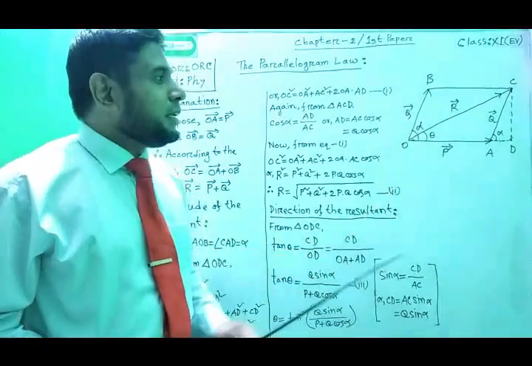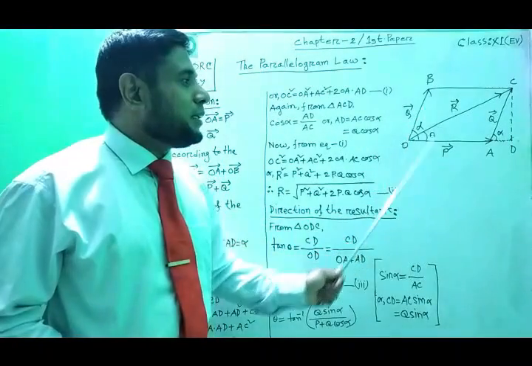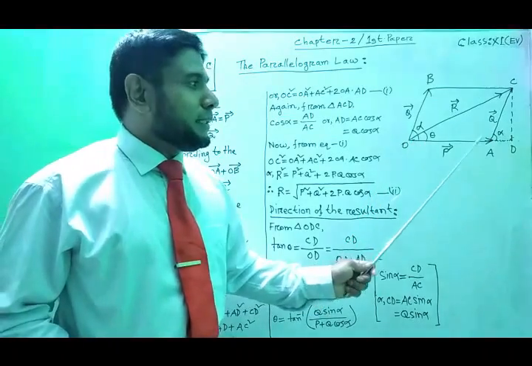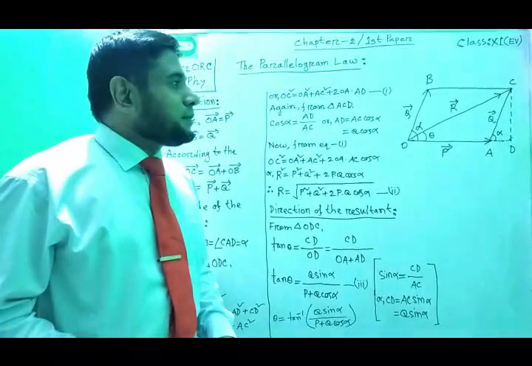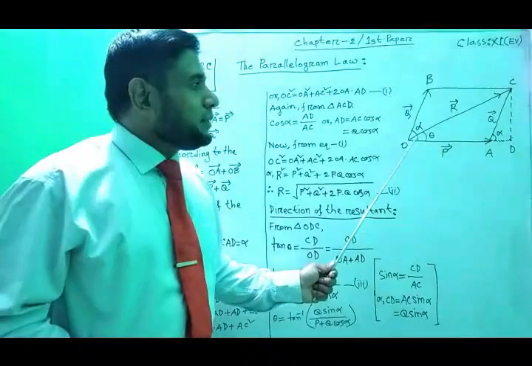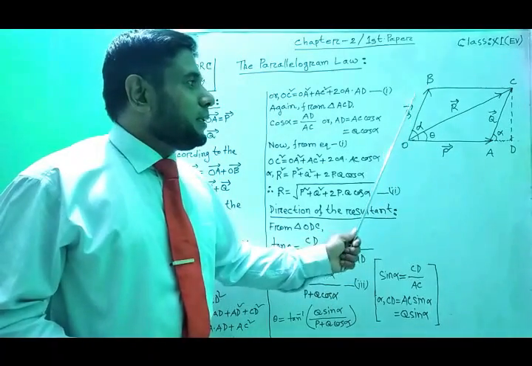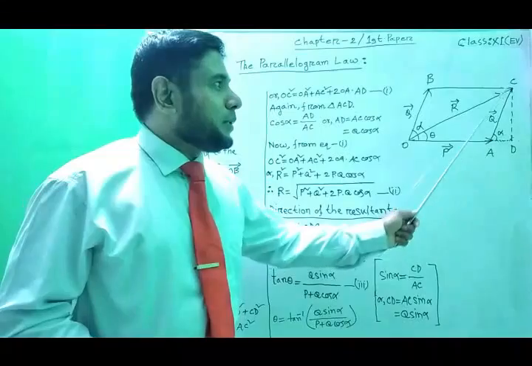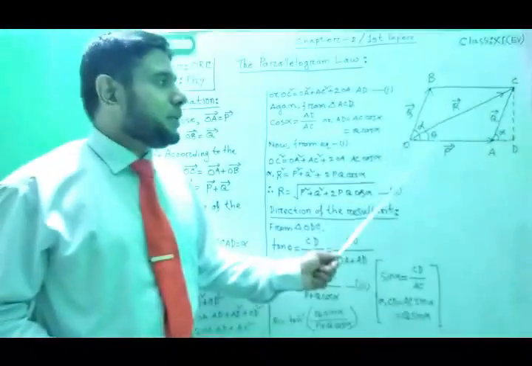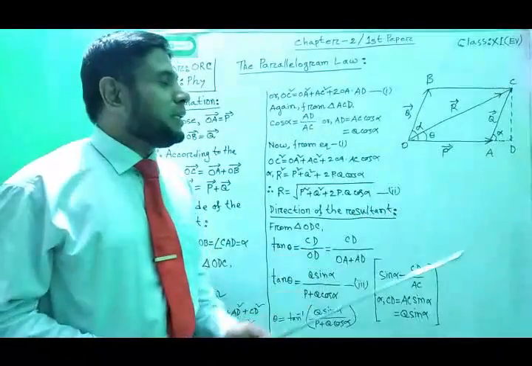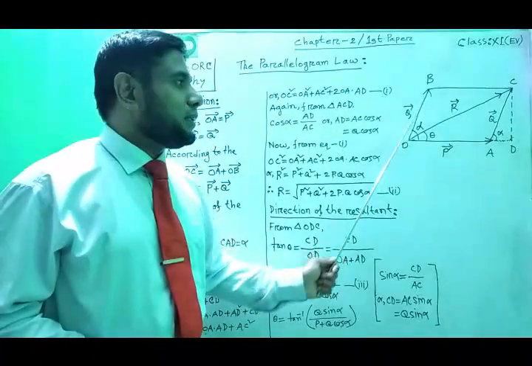In this figure, as side OB and side AC are parallel to each other, and OAD is the intersection, you know well from the geometrical law that angle AOB and angle DAC will be the same. Suppose the angle between vector P and vector Q is alpha. That means the angle between side OA and side OB is alpha.